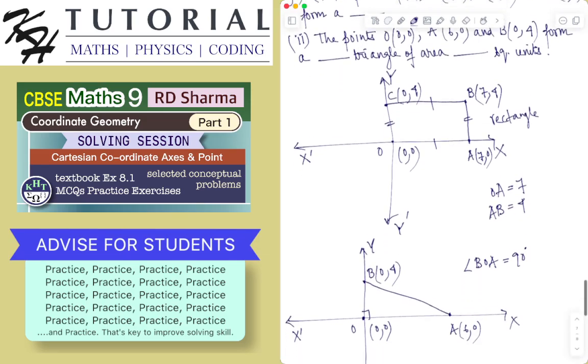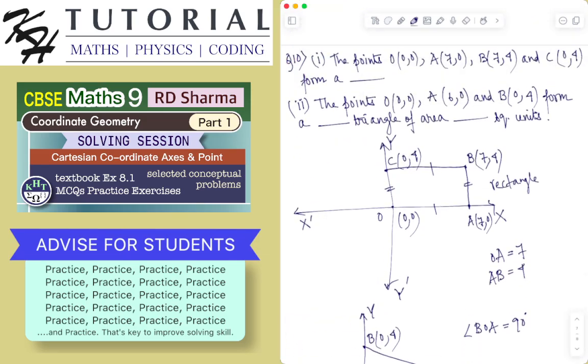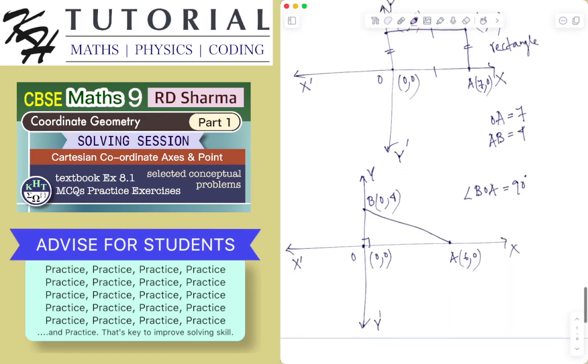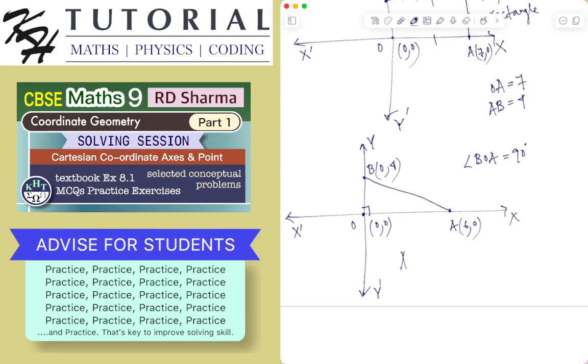So first of all, in the fill in the blanks, it forms a right triangle. Okay, and what will be the area? The area of triangle BOA will be half into base, which is OA, and height, which is OB.